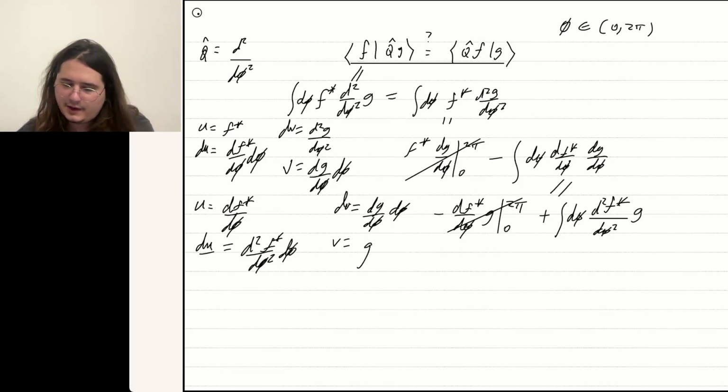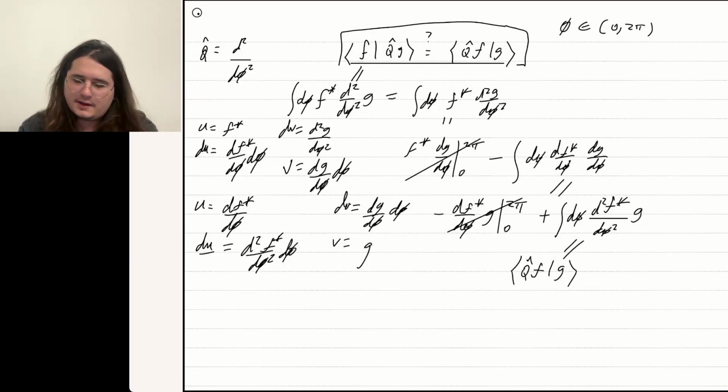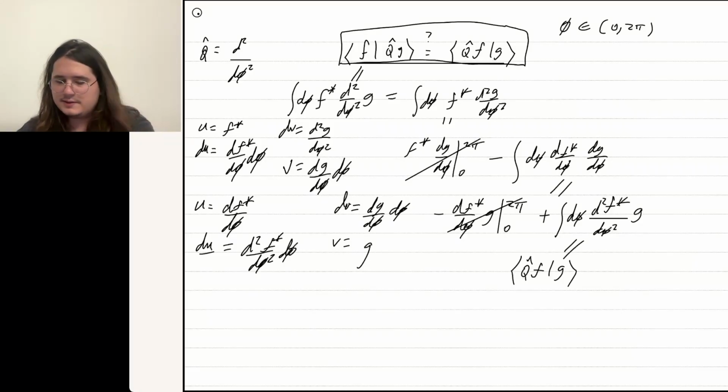That is how you would write in integral notation just qf with g, the inner product. So it does turn out that it is Hermitian, which was a predictable but nice result.